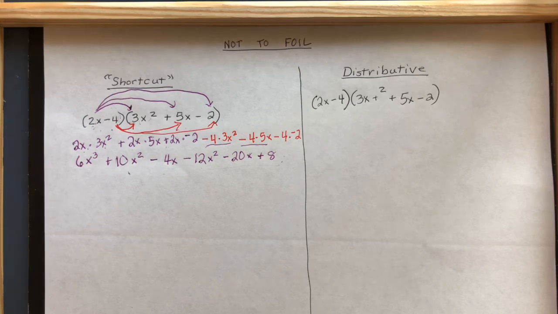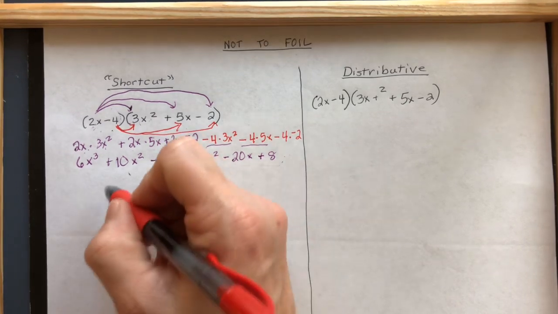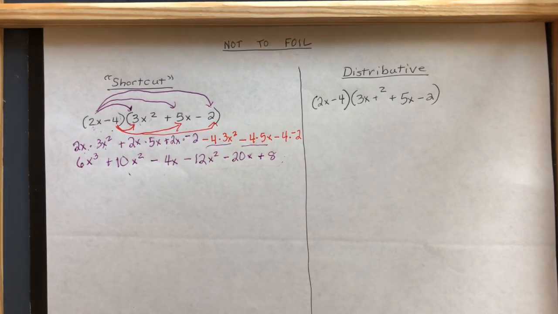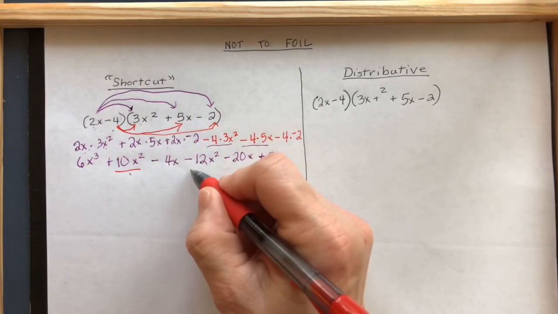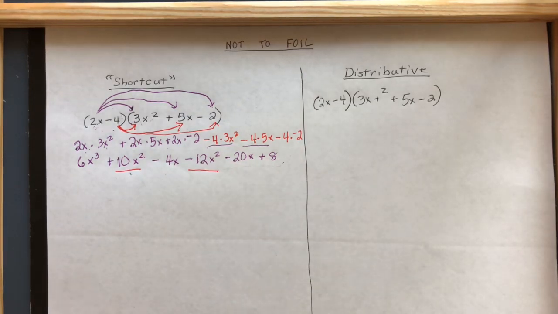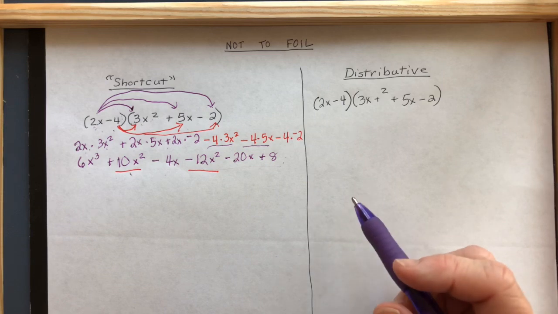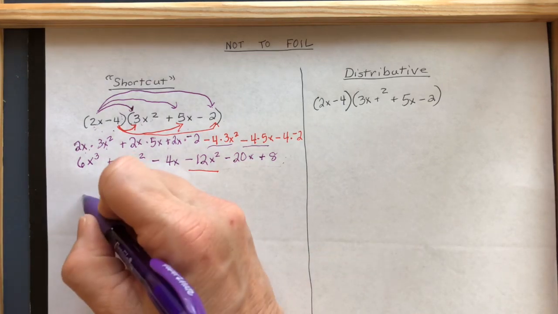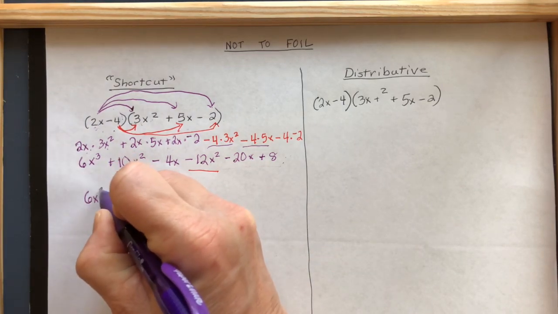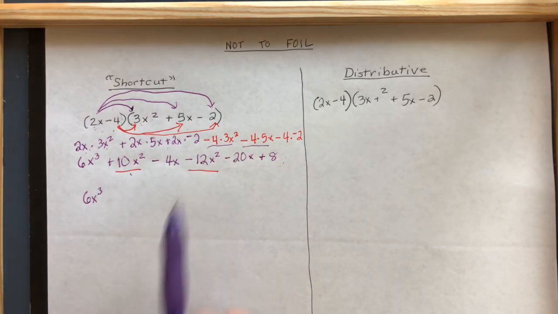Now I'm going to combine the like terms. Okay, so I always do this in descending degree. So I'll start with my biggest power. So I'm going to go with 6x cubed, and that's the only one of those. Then I'll do my x squareds.